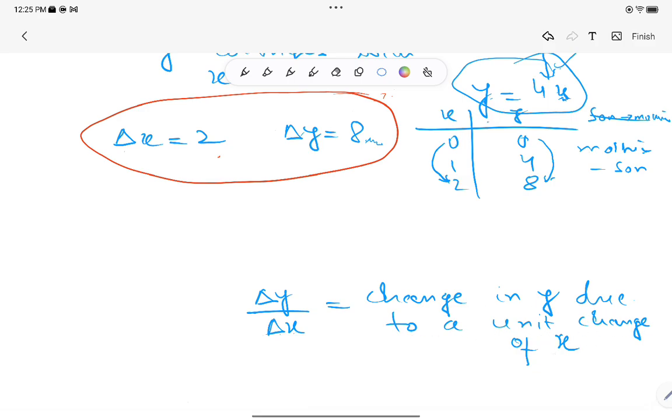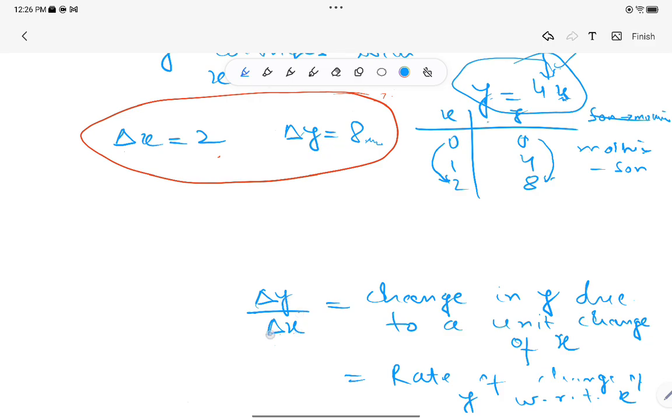Okay, and this has a name. It is called rate of change: rate of change of y with respect to x. Why rate of change? Because this is 1. Rate means value for 1. Where is the value for 1 here? Because it gives you the value for the change in y.